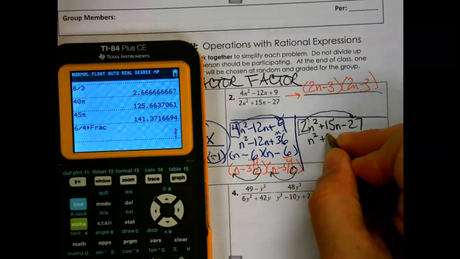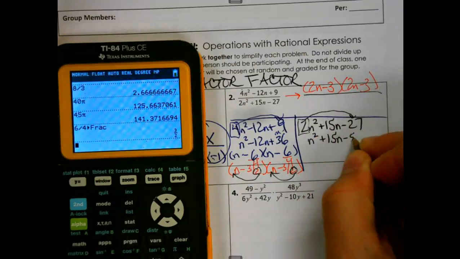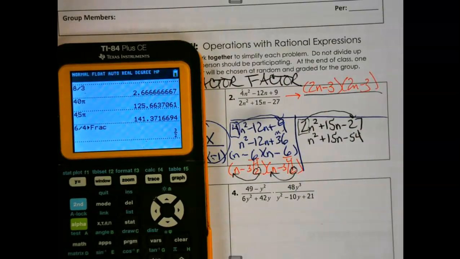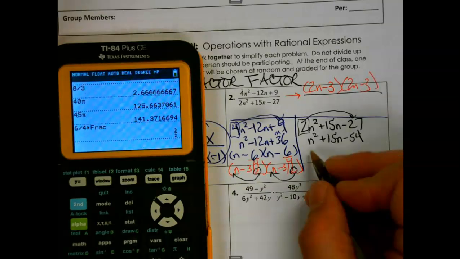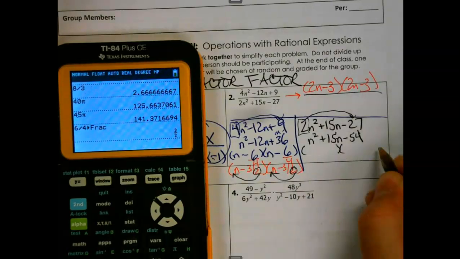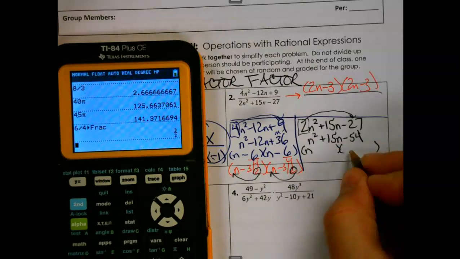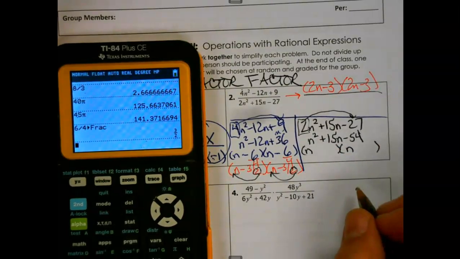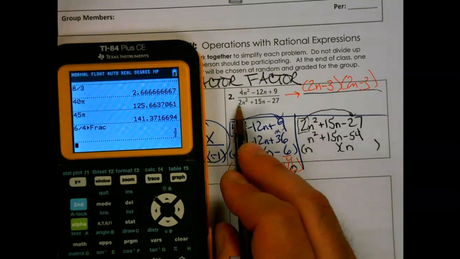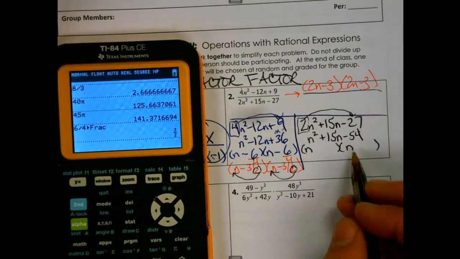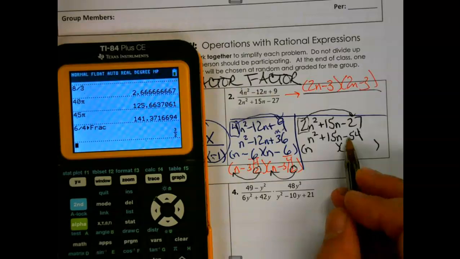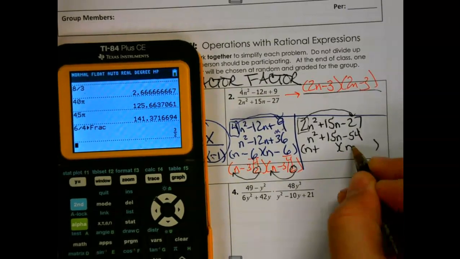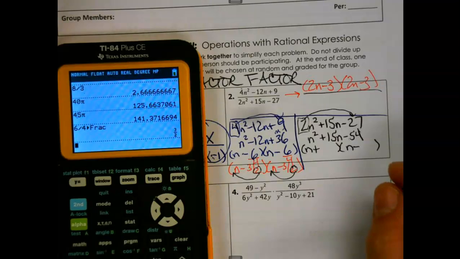$54. So let's see. No, that's right. Oh wait, no, it's not. Right there. So let's see. The negative, we're going to get one of each sign. Now, you're right.